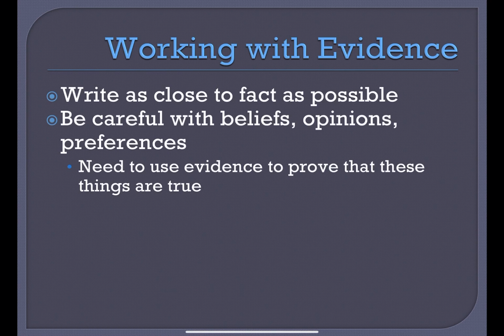So you might say something like, there's many studies that have shown that teachers can have a big impact on promoting acceptance among children, and then cite the studies that show that, and then put a comma and say something like, but teachers may also promote friendships among children. So you've identified what you have evidence for and cited it close to where you're making the statement, and then also identified what you don't have evidence for.